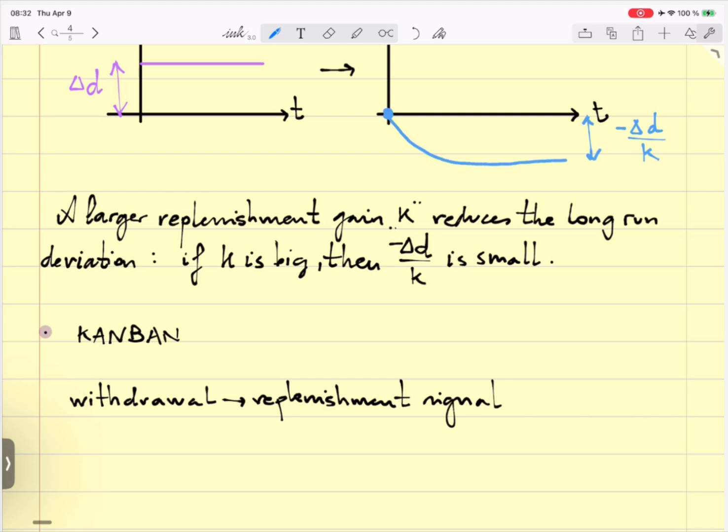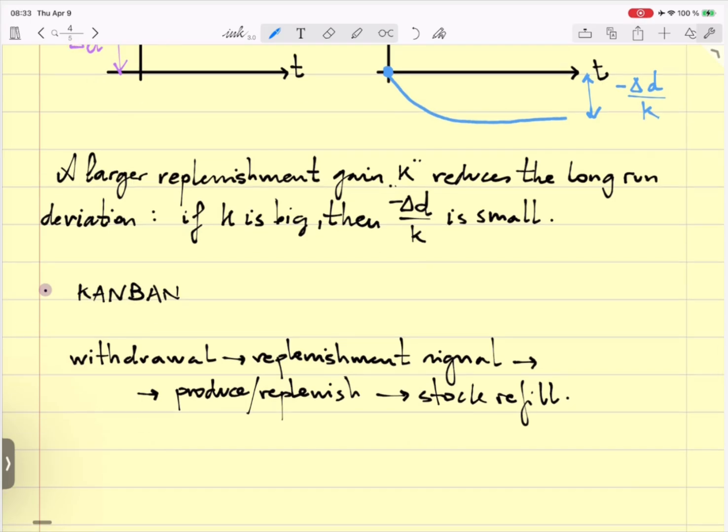When you go ahead and pay, this triggers a signal to replenish or produce. And then the stock is being refilled. This way the stock is never empty.